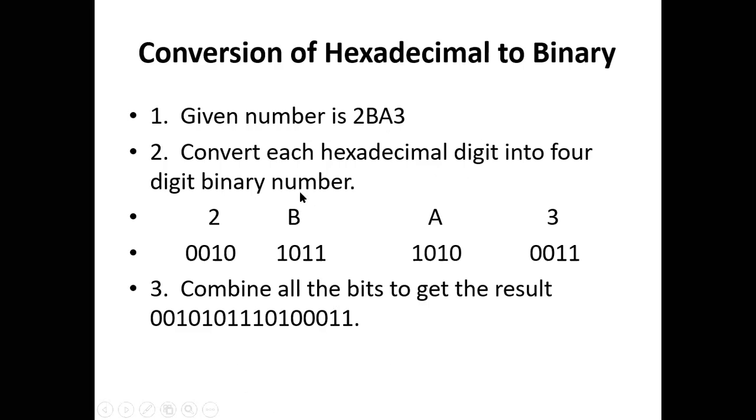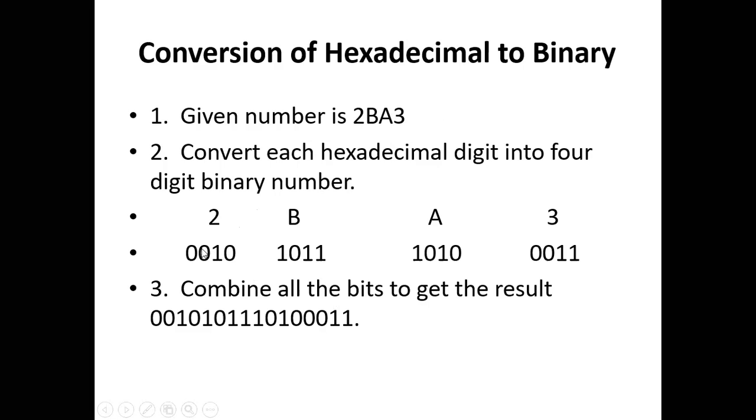So we have this example, 2BA3. We are saying you are going to convert each digit into a 4-digit binary number. So it will be like this. You have 2, convert it to binary.